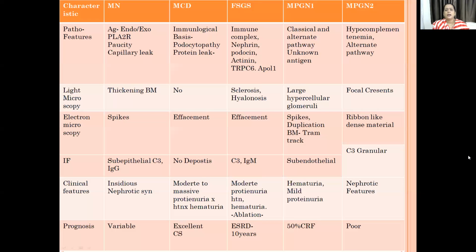Then in MPGN2, which is called dense deposit disease, this is because of activation of the alternate complement pathway. If you remember in the inflammation chapter, any inflammation because of the lipopolysaccharide of the bacteria or any toxin will try to cleave the C3, and this will lead to the formation of C3b, right?